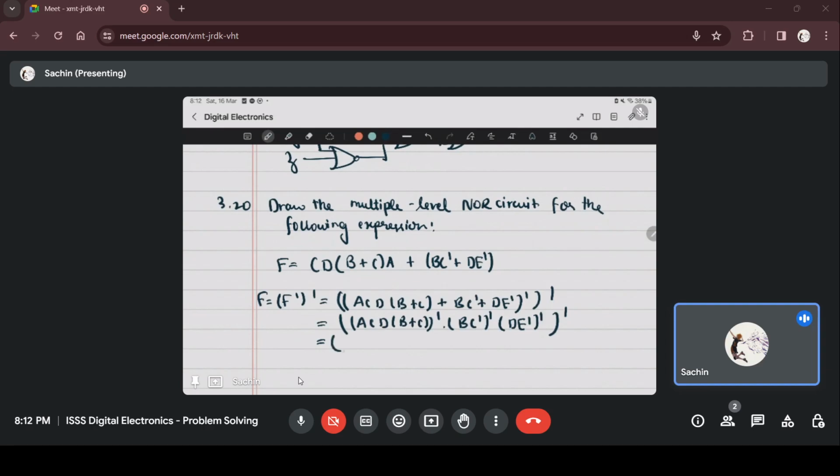Which can be written as (A' + C' + D' + (B + C)') and (B' + C) and (D' + E), entire thing complemented.